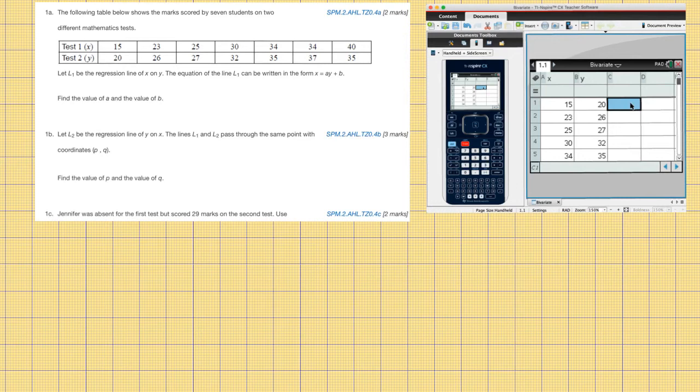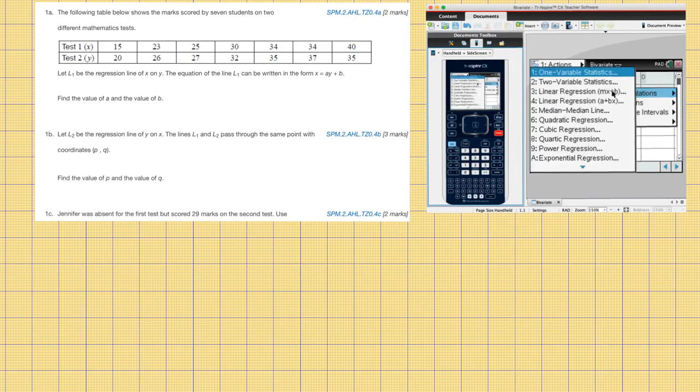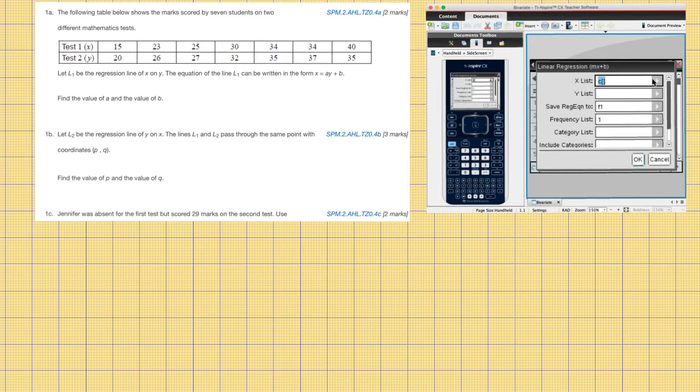Then click on an empty cell, menu, statistics, stat calculations, linear regression. Now be very careful, because in question 1, you want the regression line of x on y.